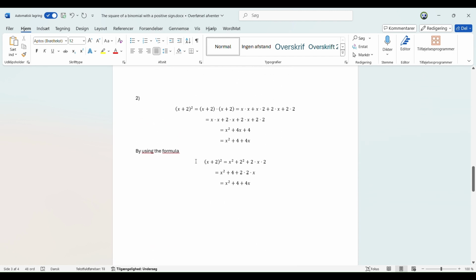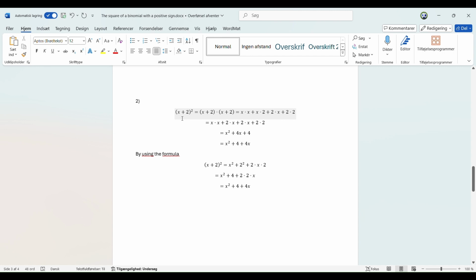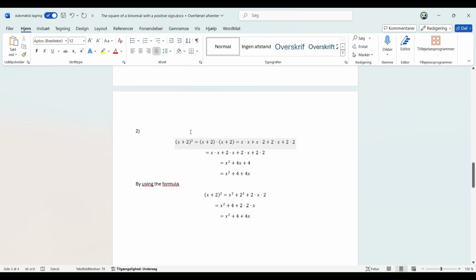If we have a letter and an integer here, we can do the very same. We first multiply the bracket by itself, and then we say x times x plus x times 2 plus 2 times x plus 2 times 2. So we get these 4 terms.